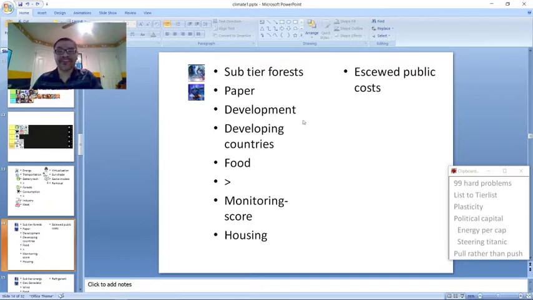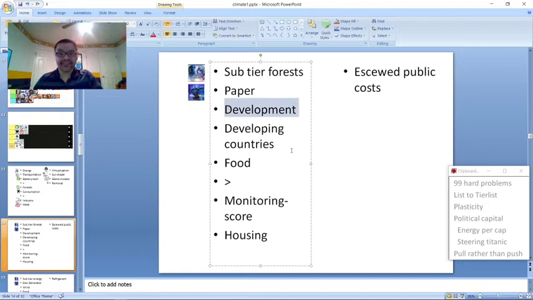So for the forest, it's developing countries, how to transport and produce the food? How do we construct a global monitoring apparatus? How do we address housing issues?